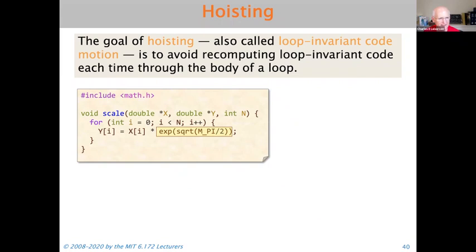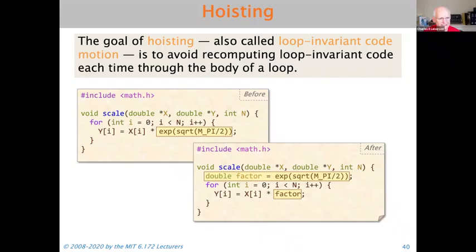So we're computing that every single time through the loop when that value never changes. I can improve the performance of this loop pretty simply. I simply compute this scaling factor before I enter the loop, and then I simply look it up and use it in the loop.